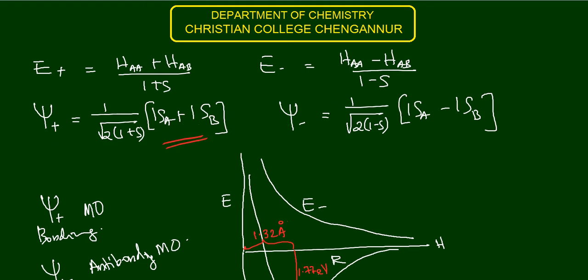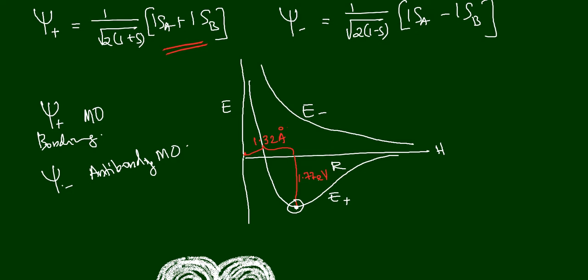That means the 1s atomic orbital wave function of A is added to that of B. If we consider the position in between the two nuclei, you can see that the 1s atomic orbitals of both A and B are there in this region.